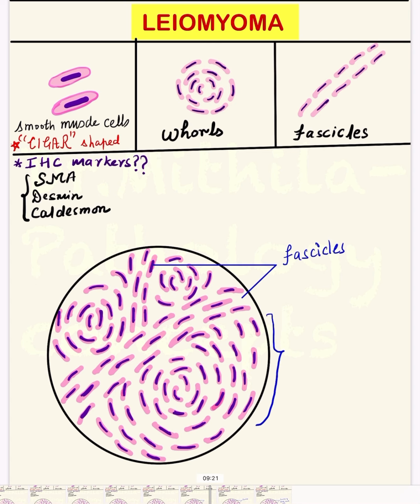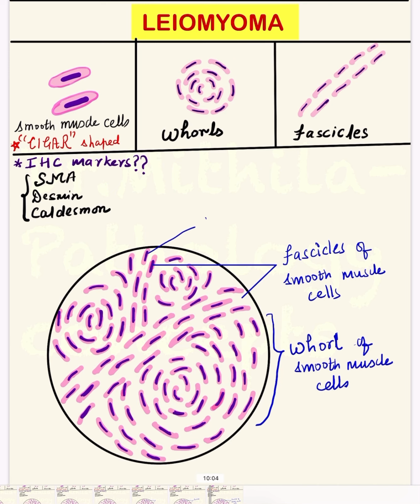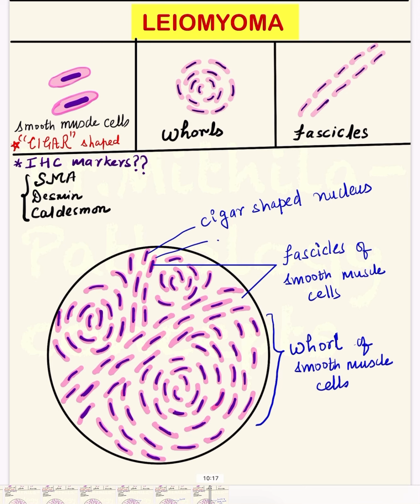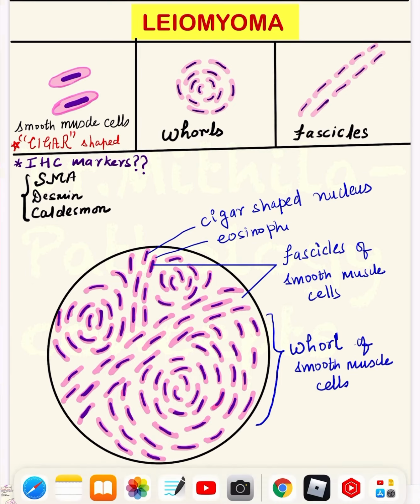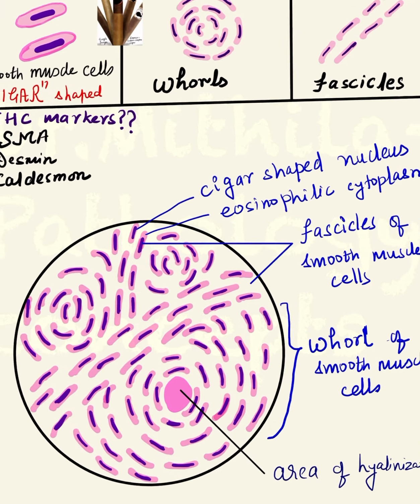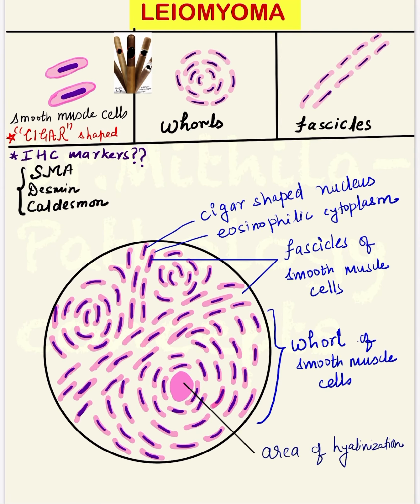We do the labeling. So fascicles, then whorls, lastly cigar shaped nucleus and eosinophilic cytoplasm. So this is how the final diagram looks, and we can also add, and this is optional, the area of hyalinization, because in leiomyoma we can see secondary changes like hyalinization, calcification, cystic change.